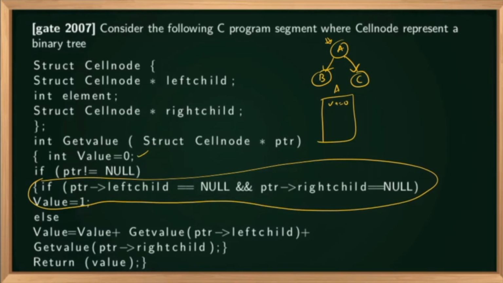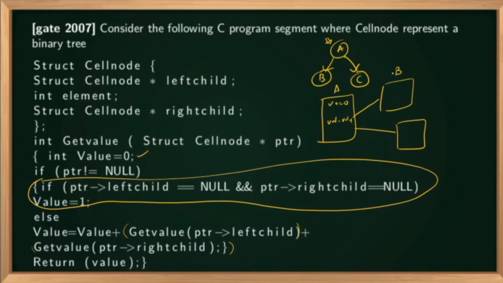Value is equal to value plus, we are calling get value of ptr left child plus get value of ptr right child. So we will be calling two recursive calls, one with B and one with C, and then we will be adding these values and returning.